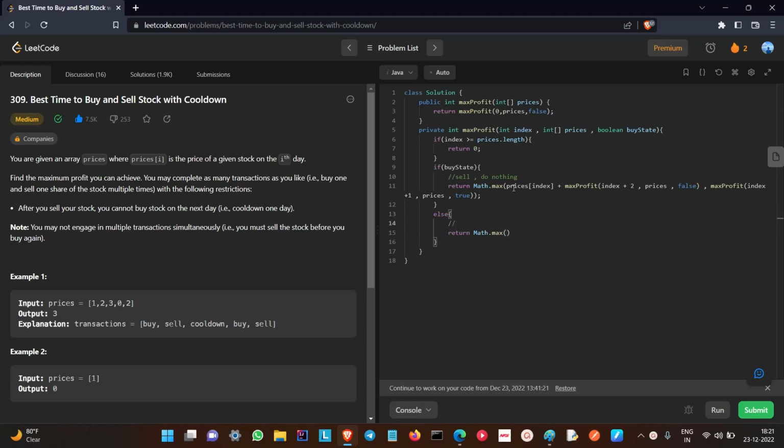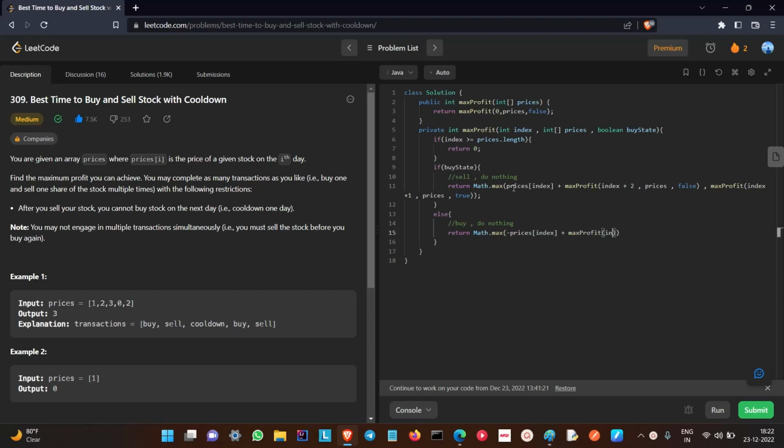Else, when the buy state is false, we have two conditions. We can perform two operations: we can either buy the stock or do nothing. When we buy the stock, we'll reduce the price at which we bought the stock, so minus prices of index, and the maximum profit we get.